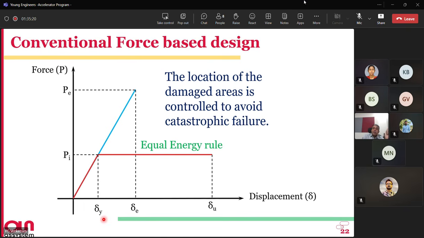Now, response reduction factor more than one is used only when you allow the structure to have formation of plastic hinges. When you allow formation of plastic hinges, you reduce the design force by a factor called response reduction factor, which is always more than one.